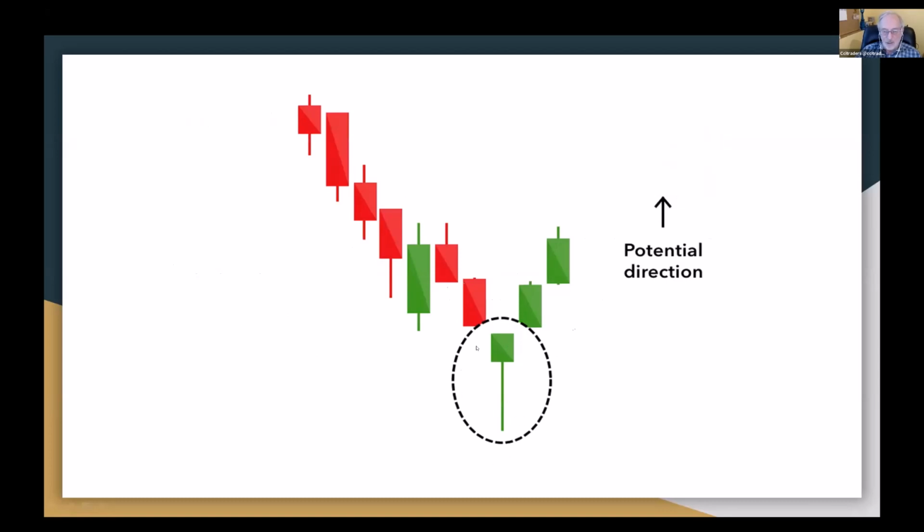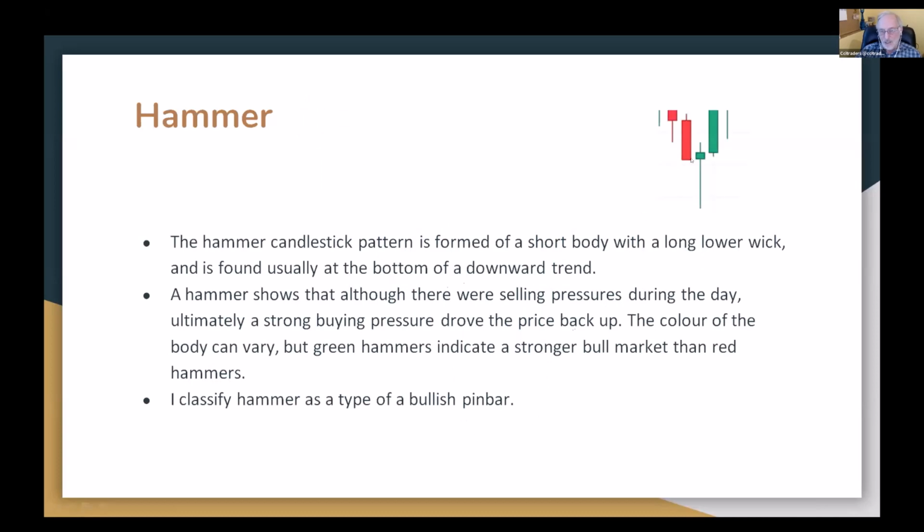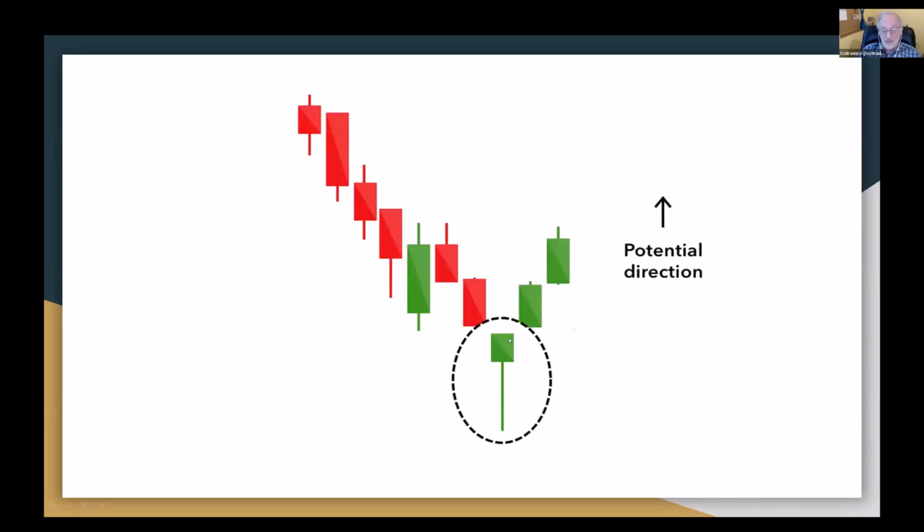This is the hammer. In this case, the hammer has a wick over the body and below. But what is the most important thing is that the wick must be much longer than this body and this wick over. So in this case, we have a full body hammer, but of course it can have a wick here. It's not a problem.